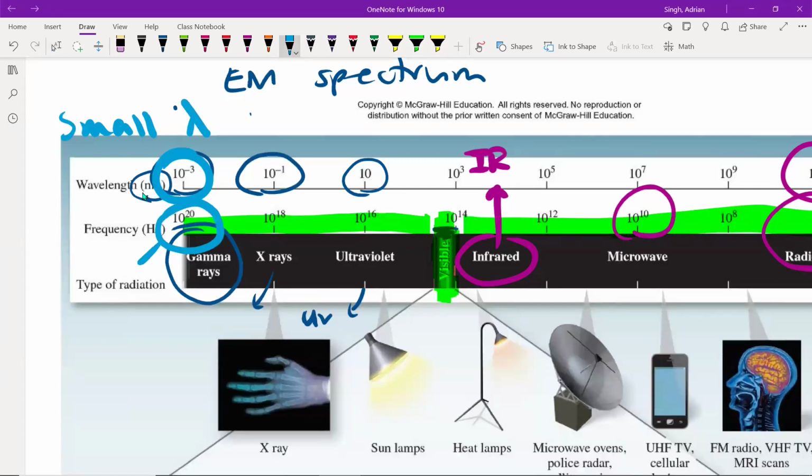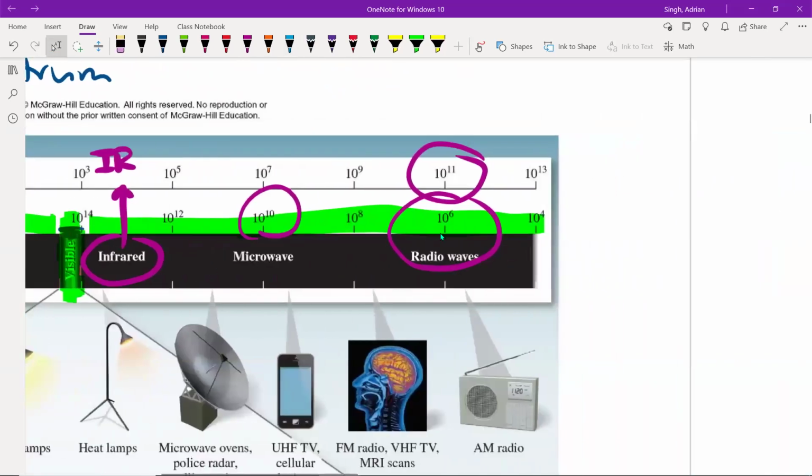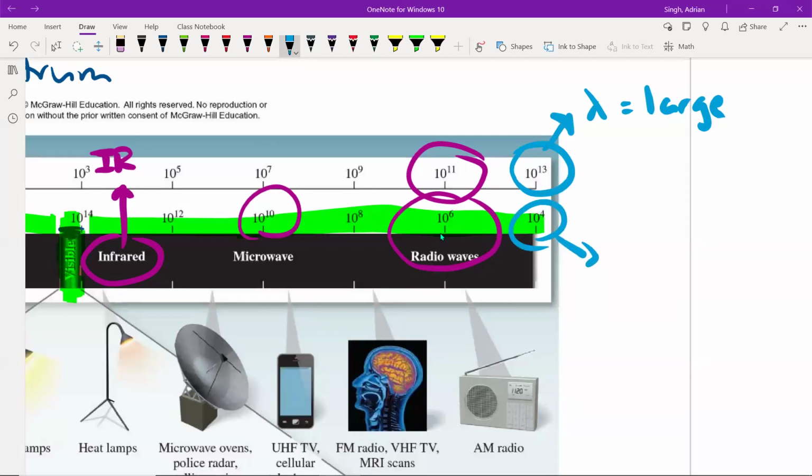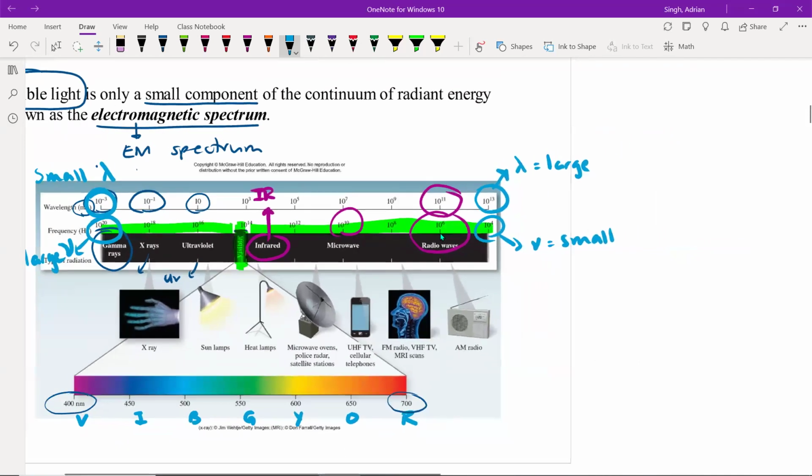Frequency is 10 to the 20. That's a large nu. It's a large frequency. If we go on the other end of the spectrum, what we see for radio waves, for example, is the opposite. So my wavelength here is large, but my frequency compared to the other side of the spectrum is small.